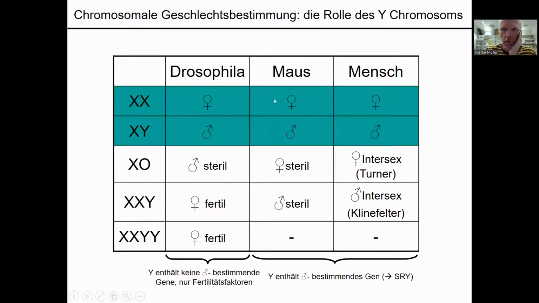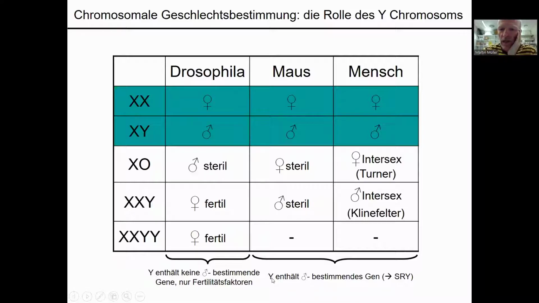So human, mouse, Drosophila, XX gives you female, XY gives you male. X null in flies: male, sterile. XXY: female, fertile. Situations are different here in mouse and human.